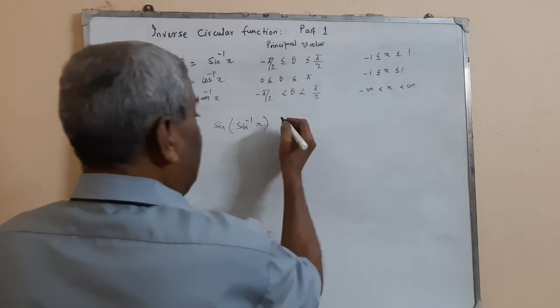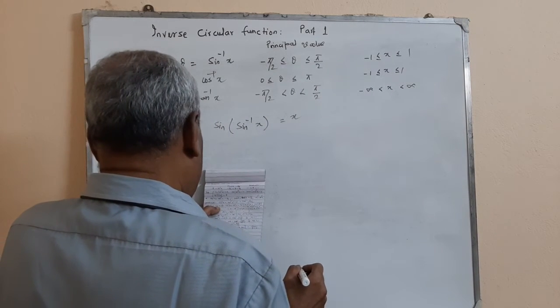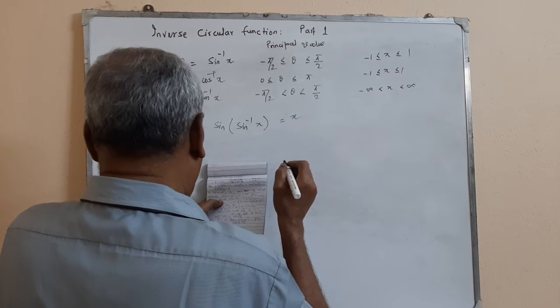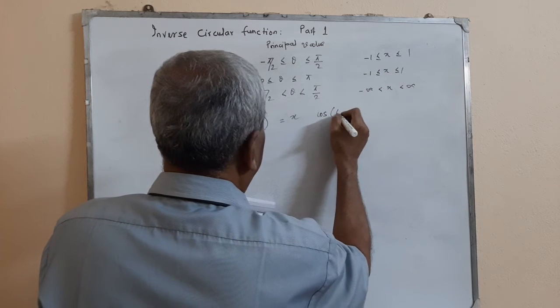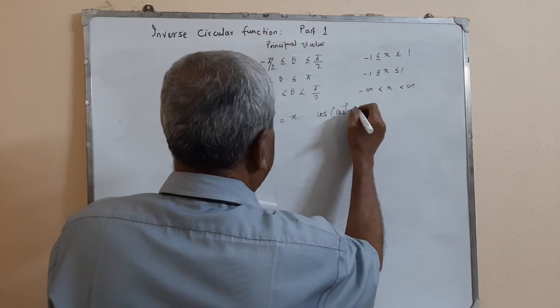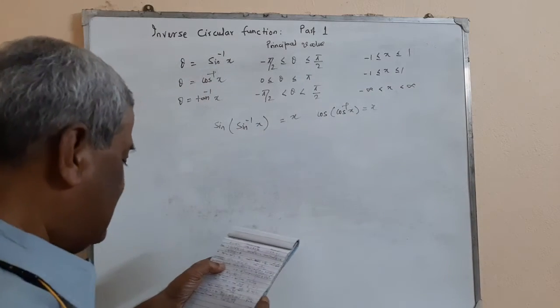If it is there, then simply this is equal to x. And cos of cos inverse x, same, x. Tan of tan inverse x, again x.